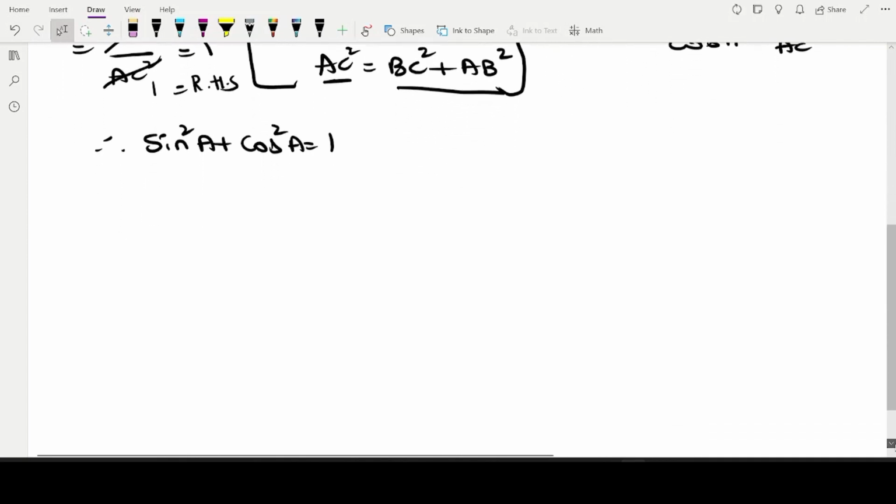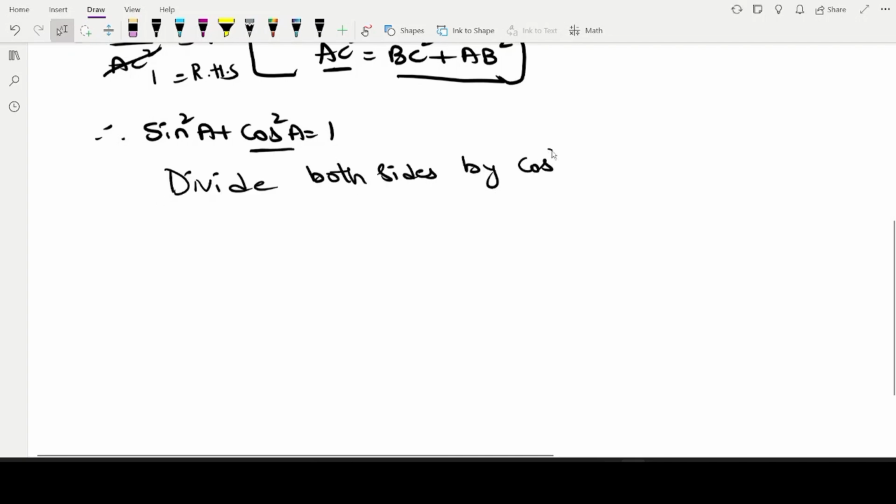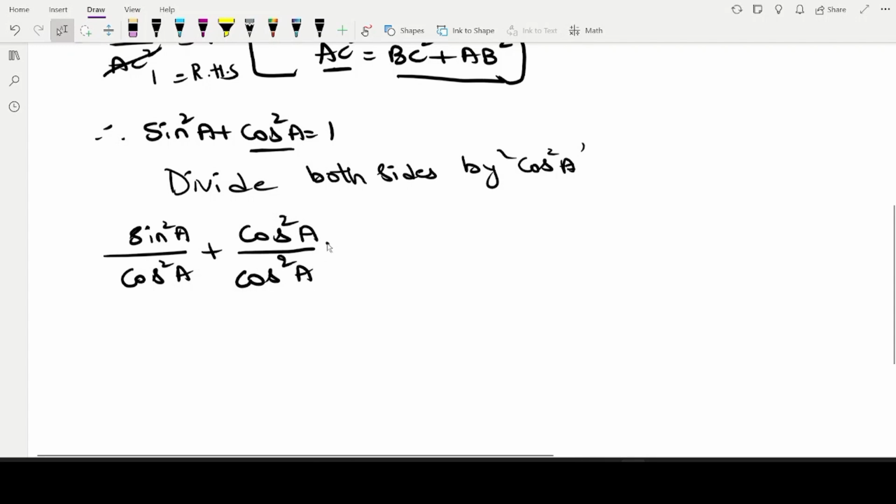Let me explain. For this you need to remember one thing. First divide the complete equation by cos²A, dividing both sides by cos²A. Sin²A divided by cos²A plus cos²A divided by cos²A equals 1 divided by cos²A.